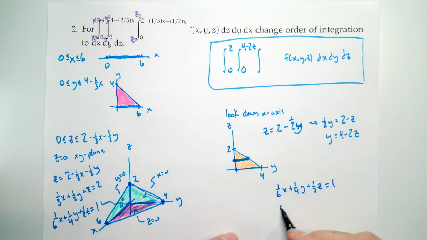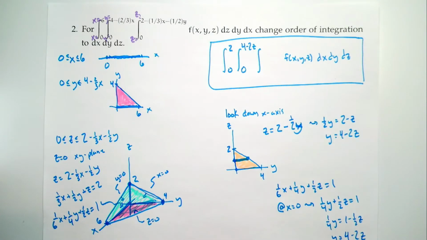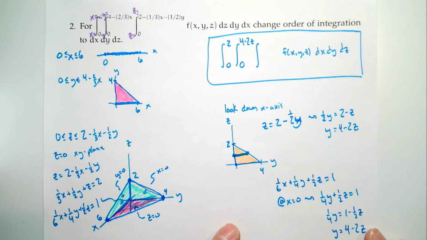Now, when I plug in x equals 0, this becomes 1/4 y plus 1/2 z equals 1. Now solve for y. 1/4 y equals 1 minus 1/2 z, and multiply by 4. y equals 4 minus 2z. It shouldn't surprise us that we got the same answer both times, because there's only one answer.